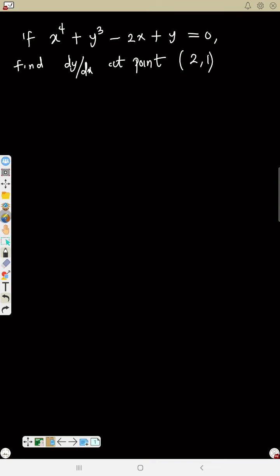Now 2 comma 1 means x is 2, y is 1. So that means the first number is x, the second one is y. That's how you manipulate points.